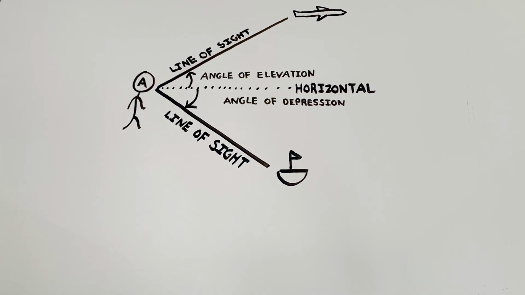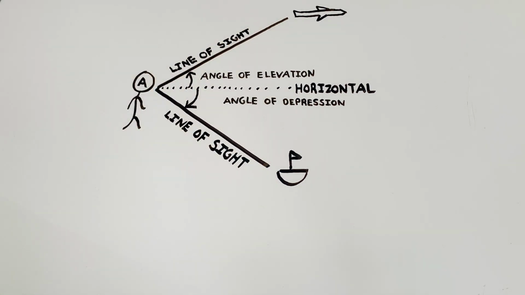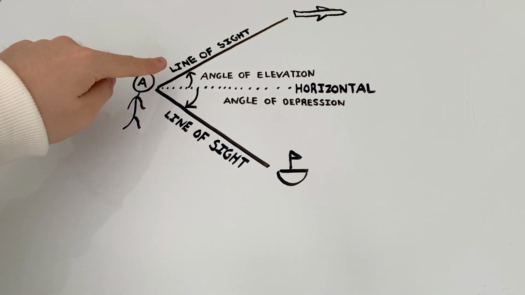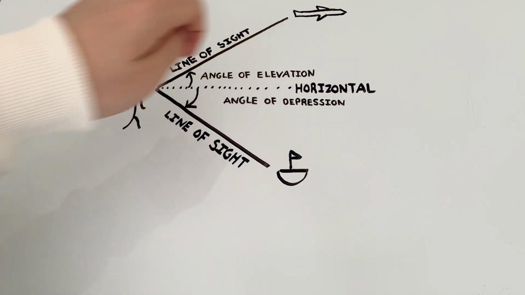Now, if there's an object above or below A, when A looks directly at these objects, that is called the line of sight. So let's look at this plane first.